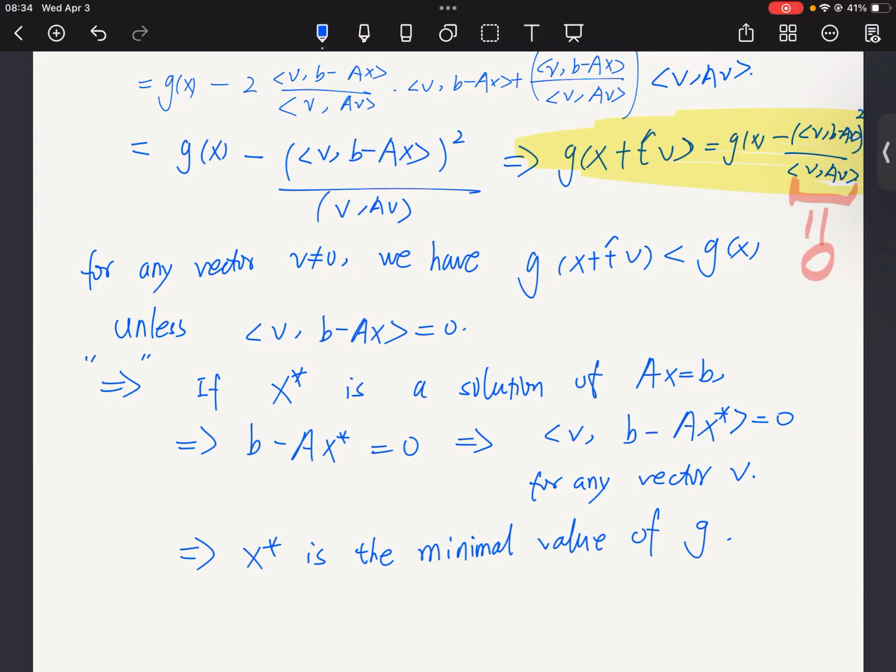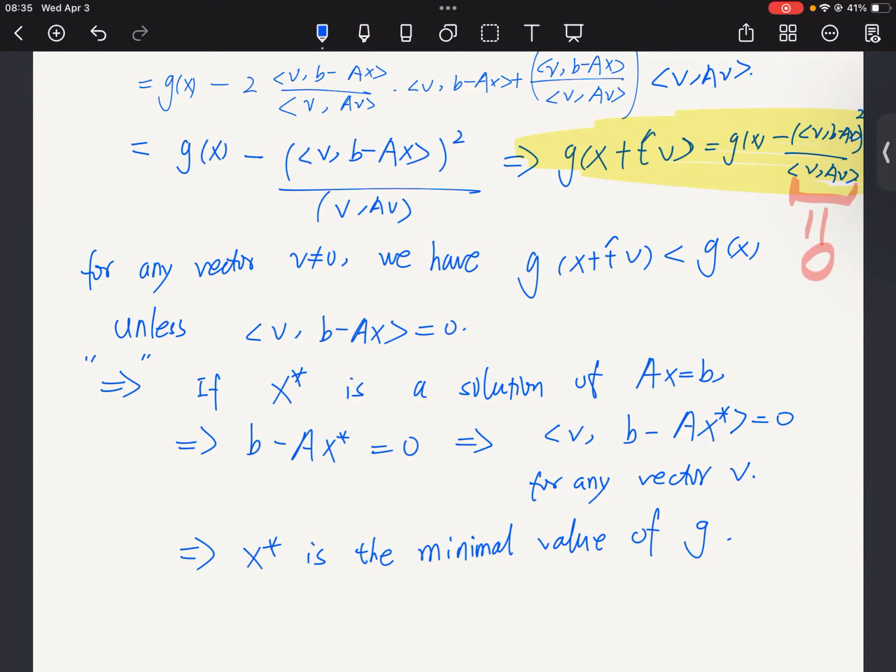So if you have a point X here, and you find out that no matter which direction V you go in, you cannot find any value smaller than this one, then this is the minimal value on the whole space, right? In the whole space.